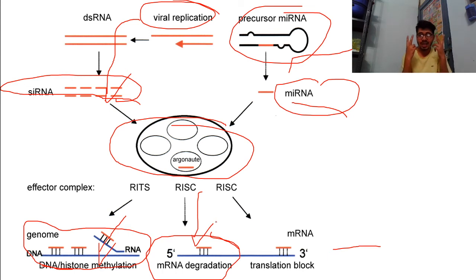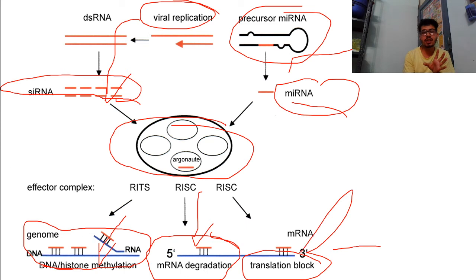So there are three major outcomes of RNAi: one, methylation; second, the messenger RNA will be degraded; and third, the most efficient technique, you can block the translational sites. If you block the sites, your mRNA is not going to give rise to a particular set of protein.